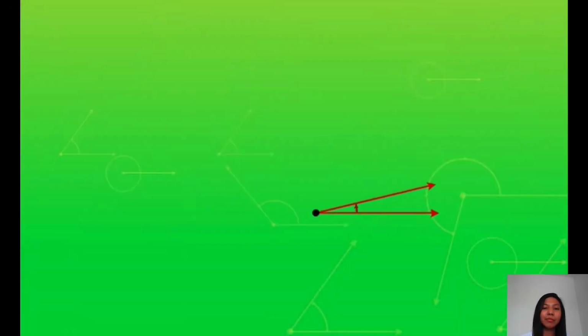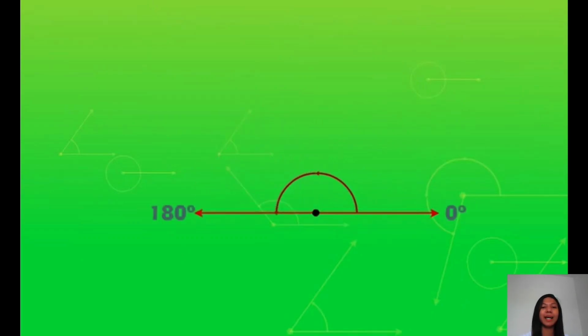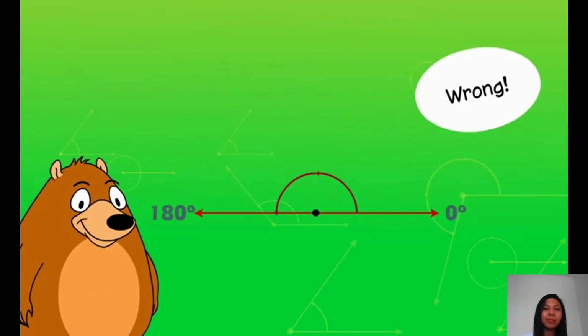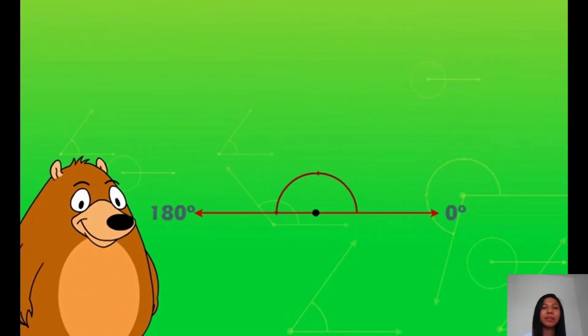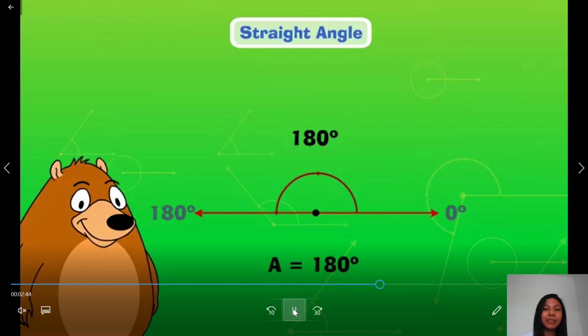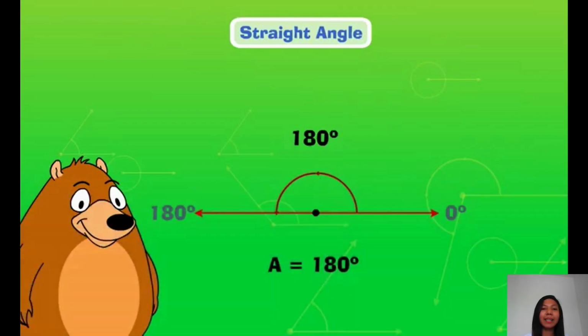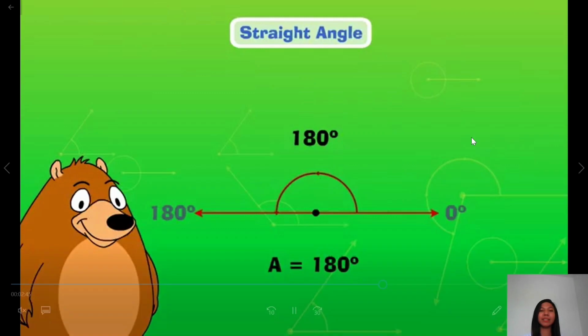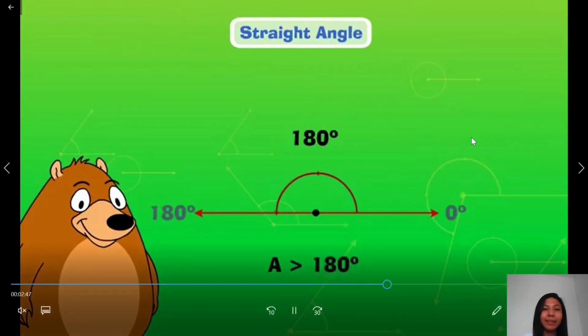Another example. What if it's exactly 180 degrees? So it is called a straight angle. A straight angle is exactly 180 degrees. Next, what if it's more than 180 degrees?